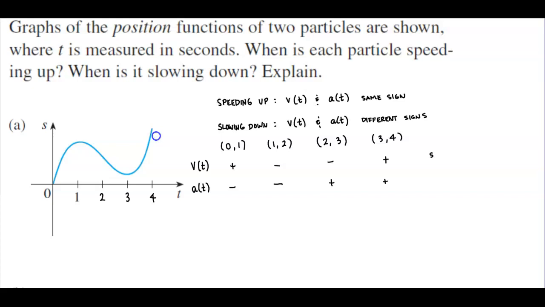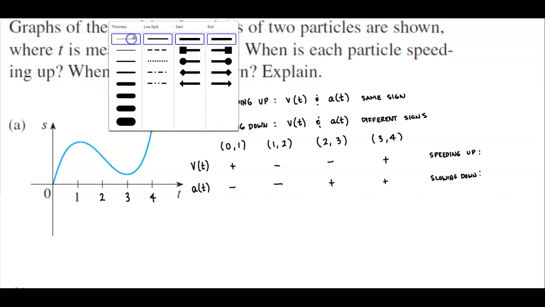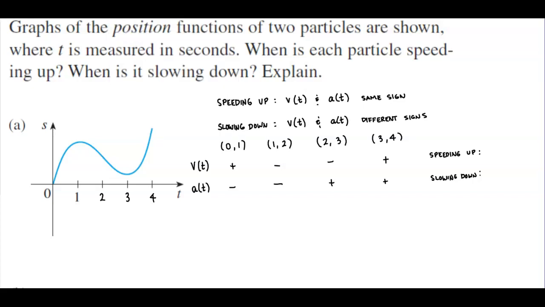So now we need to determine where is it speeding up, and where is it slowing down. Recall that it's going to speed up when the velocity and the acceleration have the same sign. We can see it has the same sign in the interval from 1 to 2, and we also see that it has the same sign for the interval from 3 to 4.